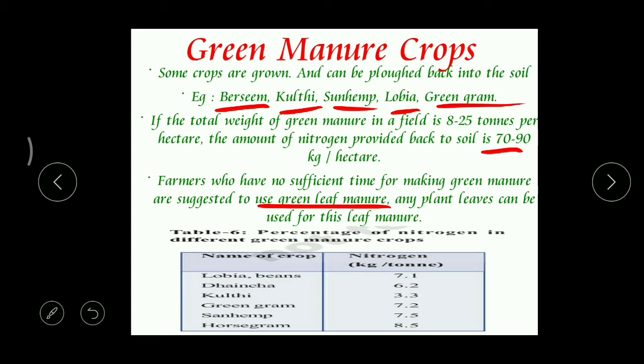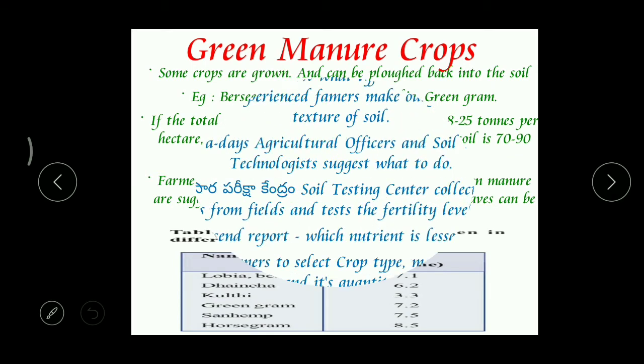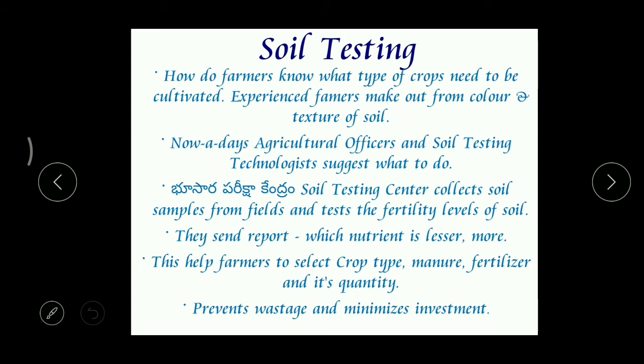When we take all these, the crop from which we get the most nitrogen is horse gram. Horse gram means they can be used as fodder for horses. Ulavalu, we call them in Telugu, right? Ulavalu, right?